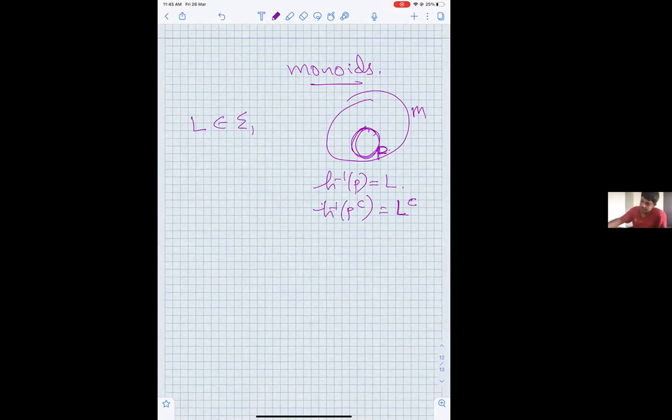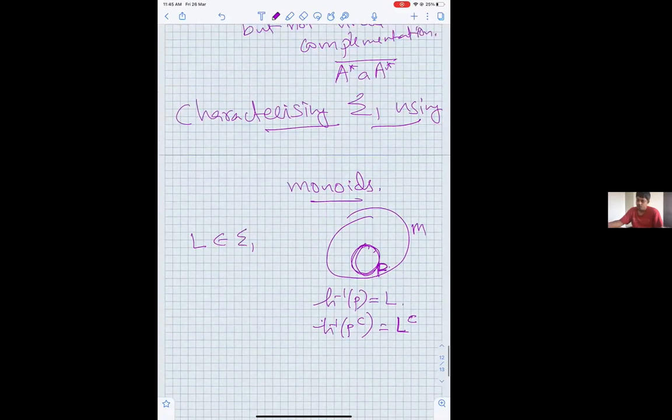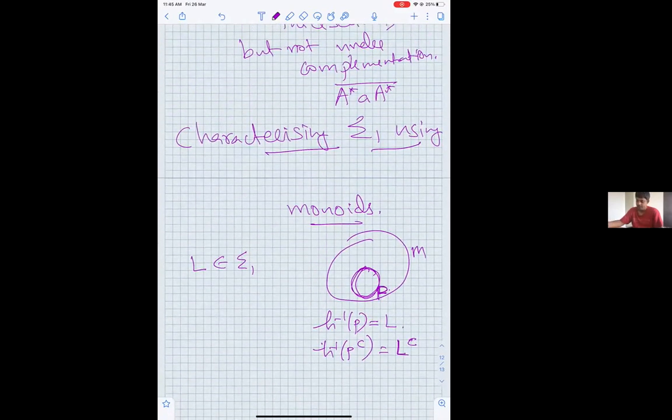By complementing the accepting set, I'll get the complement of the language. So if I am allowed to use any accepting set, then the languages which I can recognize using a monoid will obviously be closed under complementation. So I cannot allow that.